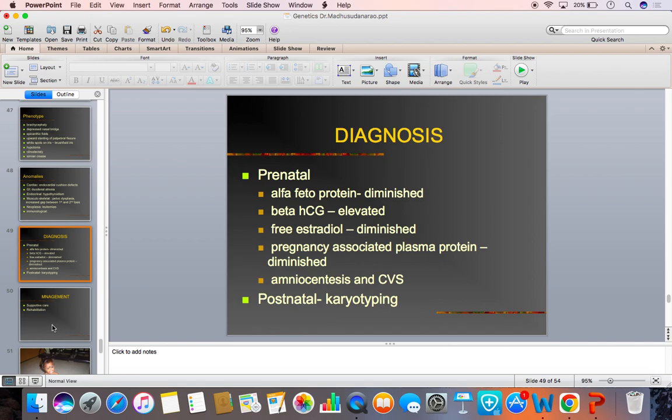Free estriol is diminished in Down syndrome. Pregnancy associated plasma protein is diminished. Amniocentesis is advised, and then postnatal karyotyping is indicated for the diagnosis. Amniocentesis or chorionic villus sampling.